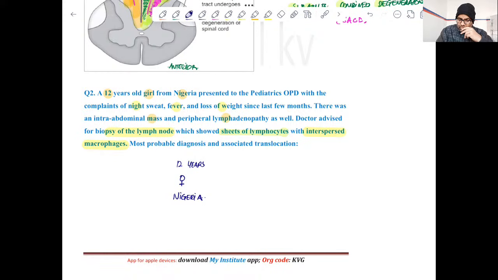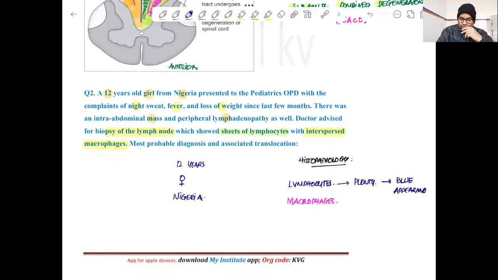Then another on histopathology, what we can see. What we are seeing is histopathology. One is plenty of lymphocytes, clear? So plenty of lymphocytes, and in between those lymphocytes there are a few macrophages. So actually what happens is these lymphocytes are plenty in number, and this will give a blue appearance.